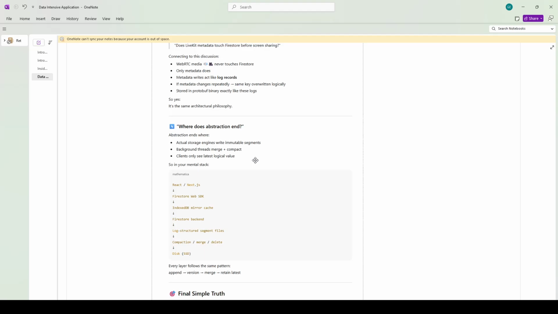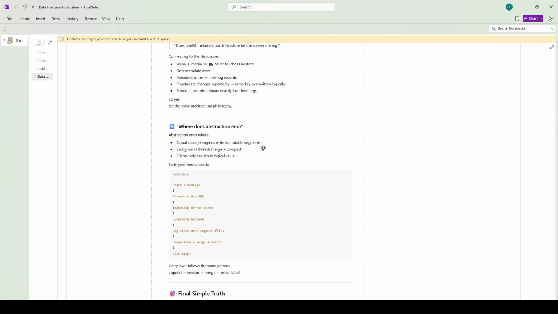So you stop at the actual details of how they store the immutable segments and the background threads that merge plus compact. So what's the actual code of Firestore for merging plus compacting? It's actually private. Clients only see the latest logical value.